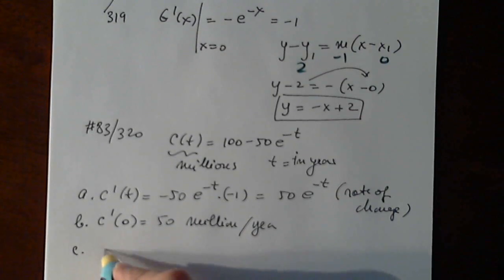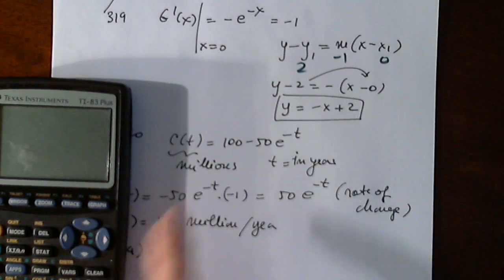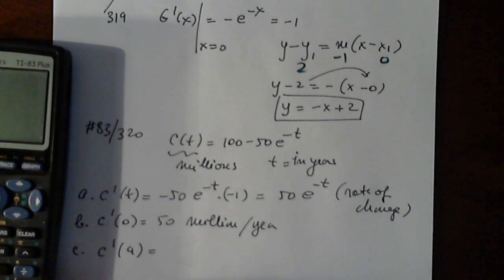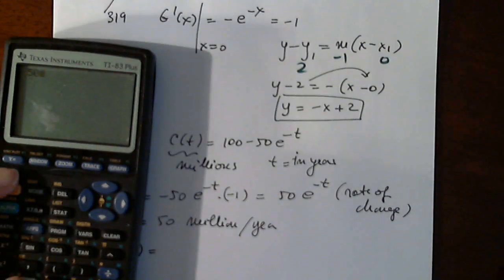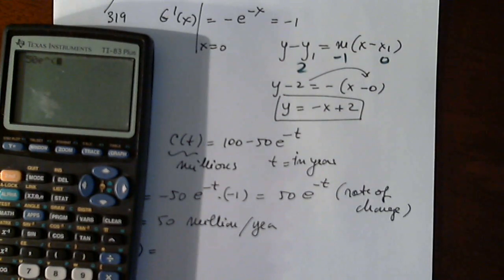C prime of 4. I'll grab my calculator right now, and I have 50 times e to negative 4.